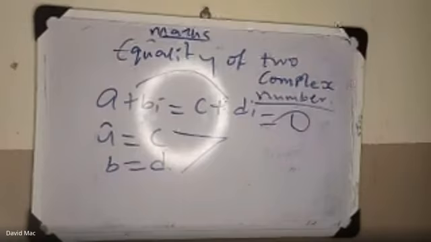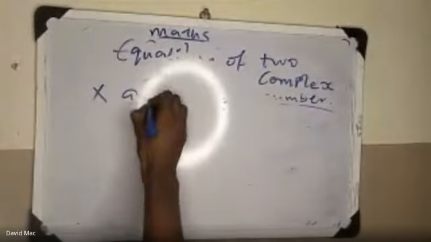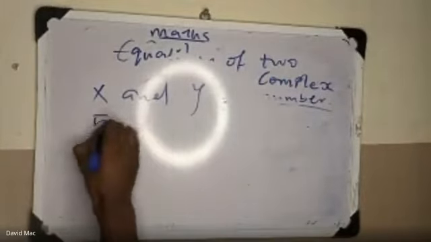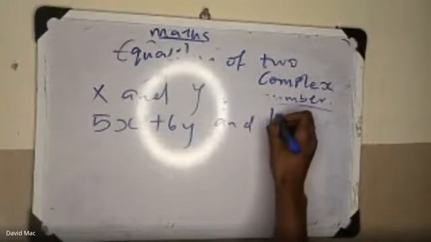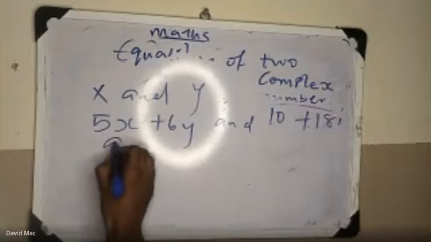Example 1. Let's solve an example. Like I said, I'm just trying to be as fast as I can. They said, for what value of x and y, this is the equation: 5x plus 6yi and 10 plus 18i are equal.